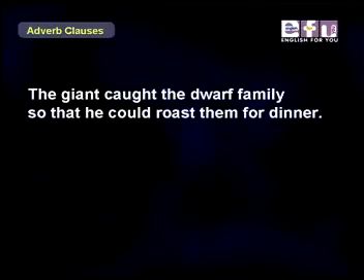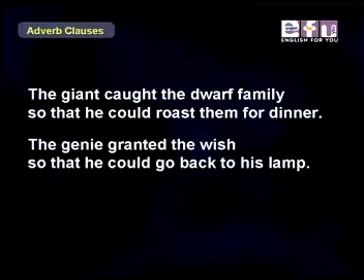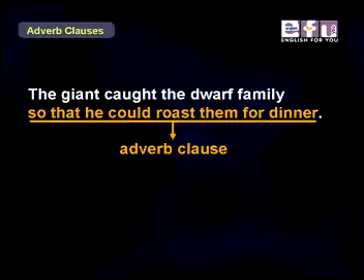Well, now let's look at adverb clauses which express purpose. Please take a look. The giant caught the dwarf family so that he could roast them for dinner. The genie granted the wish so that he could go back to his lamp. Now, in the first sentence, the adverb clause is so that he could roast them for dinner.